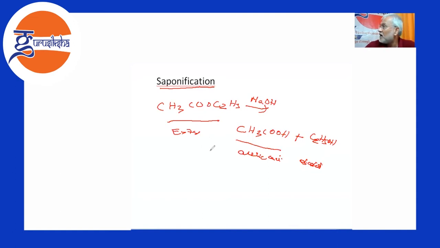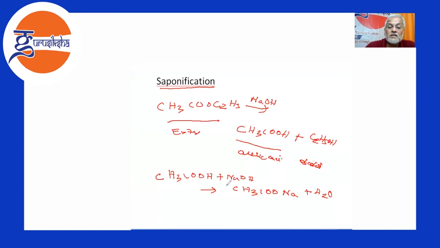Now in the second stage, sodium hydroxide will react with CH3COOH plus NaOH. This will give CH3COONa as a salt plus H2O.